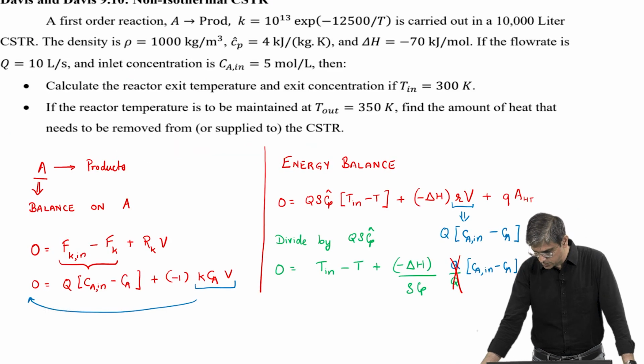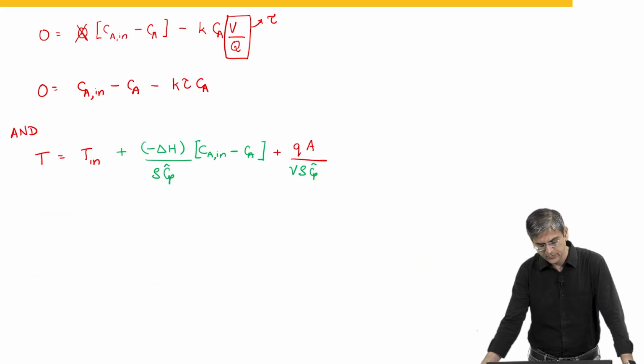Okay. So this is what you have. So you now have basically two equations and two unknowns.